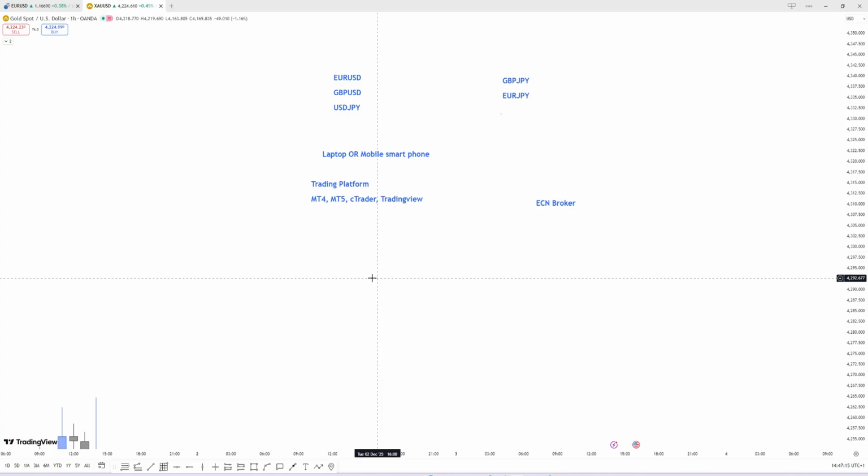They provide the tools, I mean the currencies you wish to trade, and they help you send your order, either a buy order or a sell order. They send those orders to the liquidity provider.